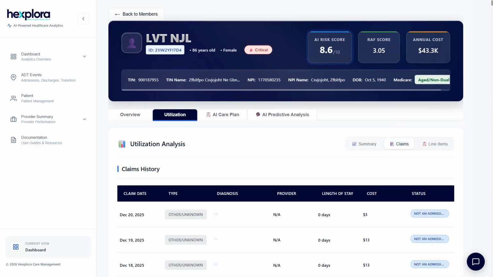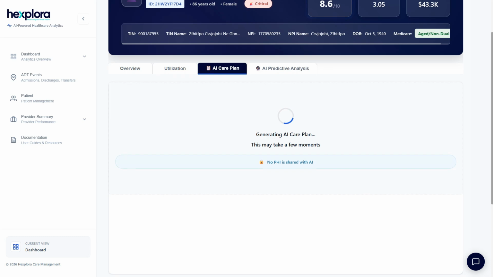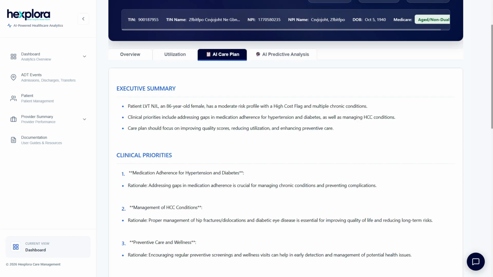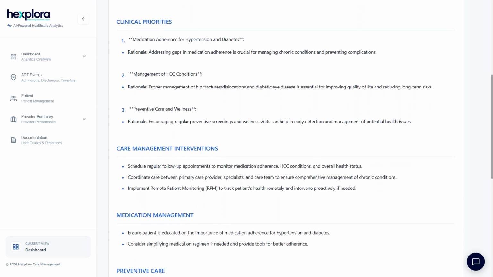Switching to Claims View shows detailed claim level data, and when the AI care plan is selected, an AI-powered personalized care plan is generated. The AI analyzes all member data and produces executive summary, clinical priorities, care management interventions, follow-up schedule.